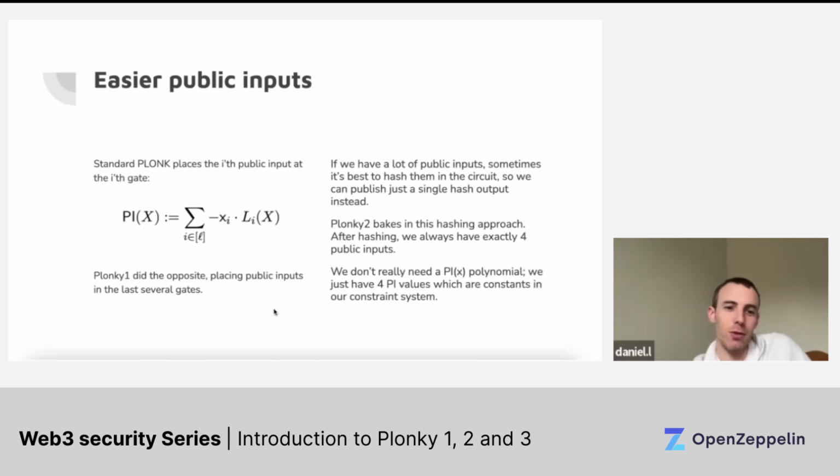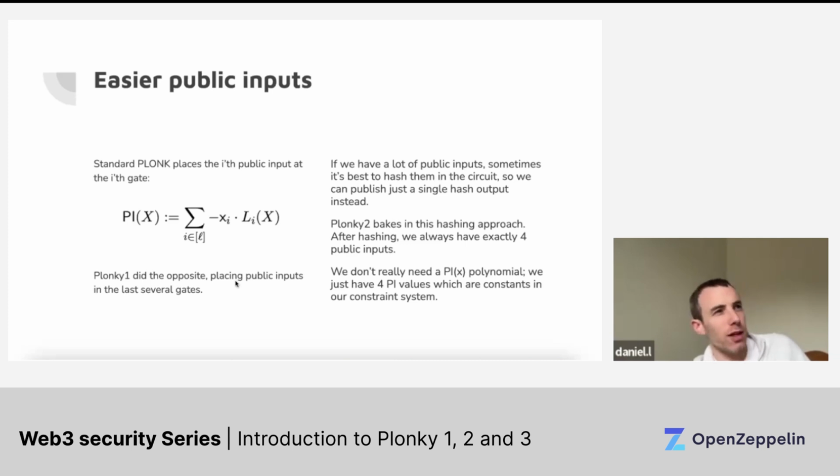Yet another difference between Plonky2 and standard Plonk. Standard Plonk has this public input polynomial, which the verifier directly evaluates. So here, xi is the ith public input, and standard Plonk will basically place the ith public input on the ith gate of the circuit.